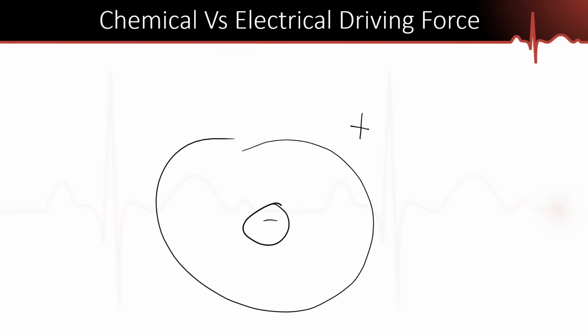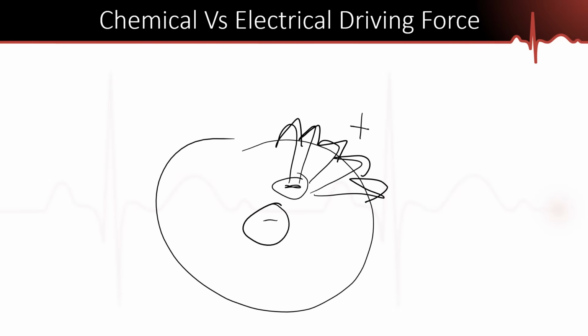All right. So let's pretend that there is some negatively charged ion on the inside of the cell. That negatively charged ion on the inside of the cell is going to have an electrical driving force pulling it out of the cell. So we would say that the electrical driving force for whatever negatively charged ion this is to leave the cell, right?